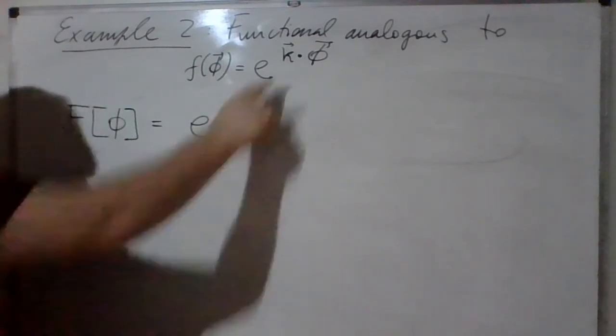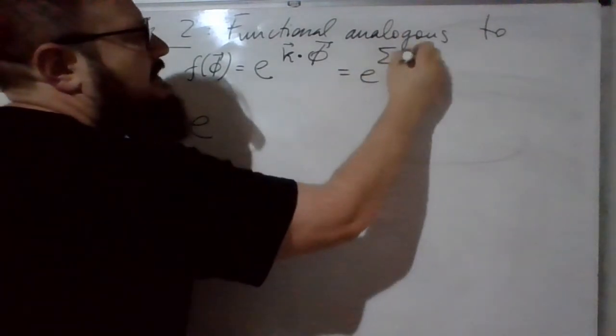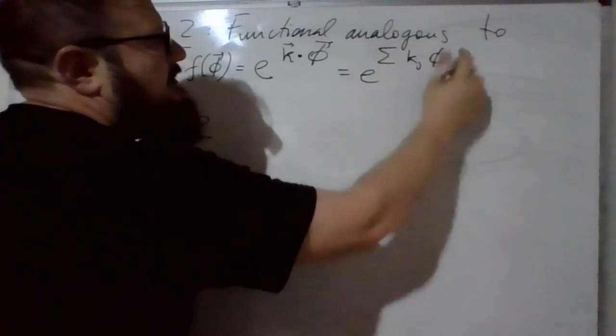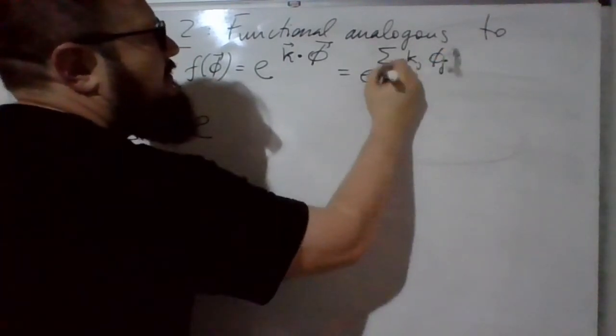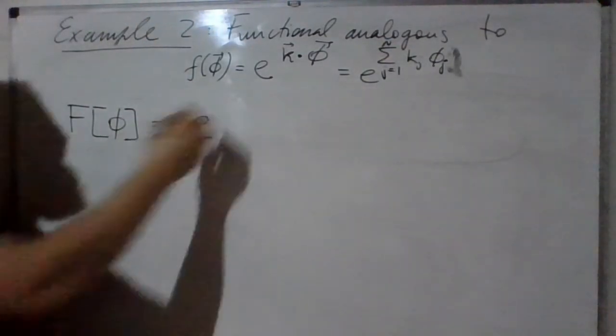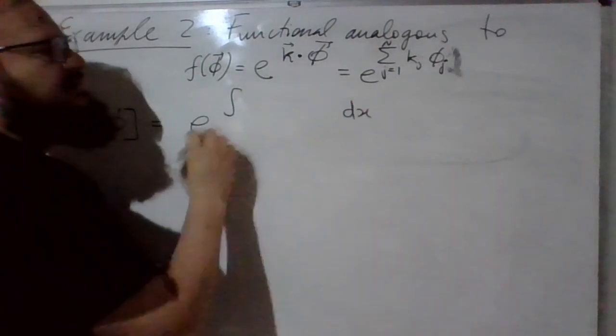Exponential in replacement of a summation here, because this is a summation of k of j, phi of j. This summation over all the j's from 1 to n is an integral over all dx.